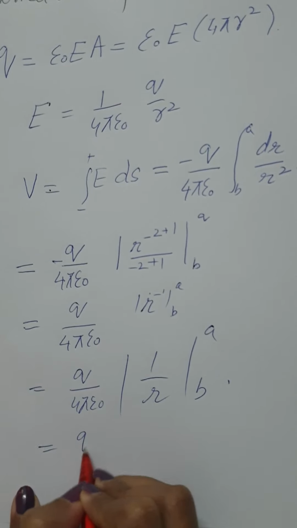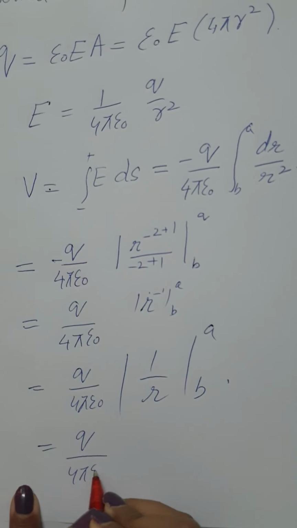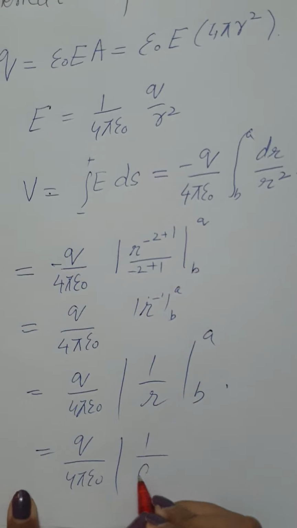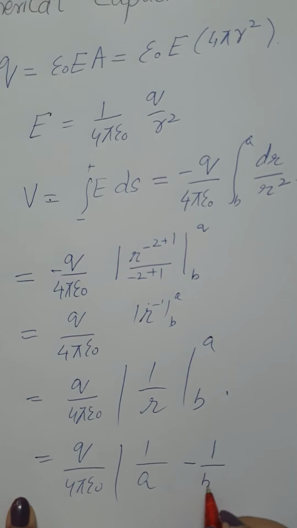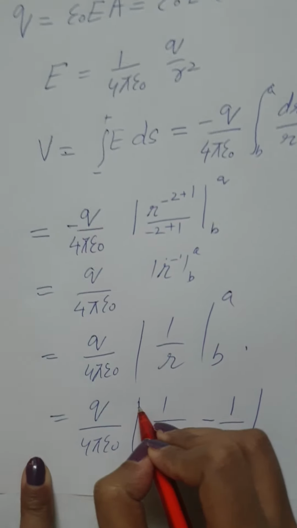We will get the expression in this form: 1 over a minus 1 over b.